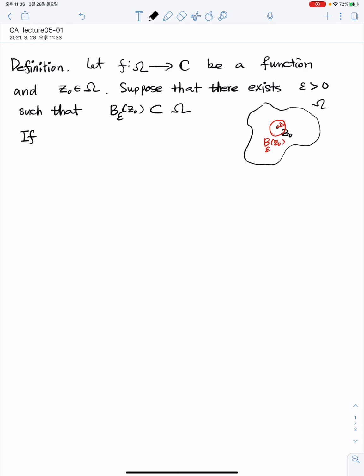So if the limit h goes to 0 and f of z0 plus h minus f of z0 divided by h.